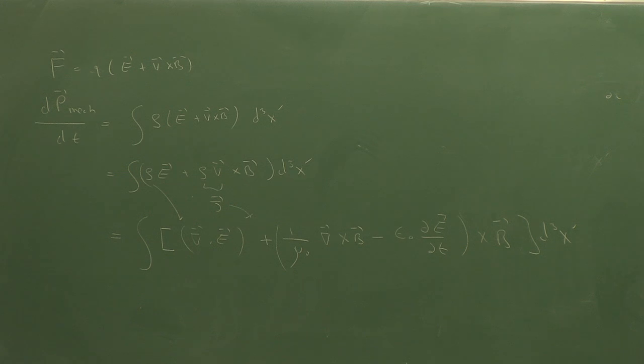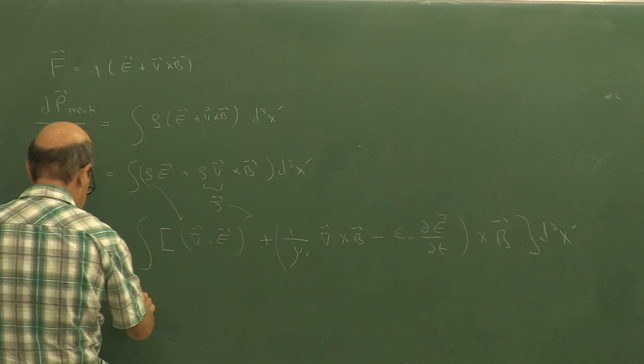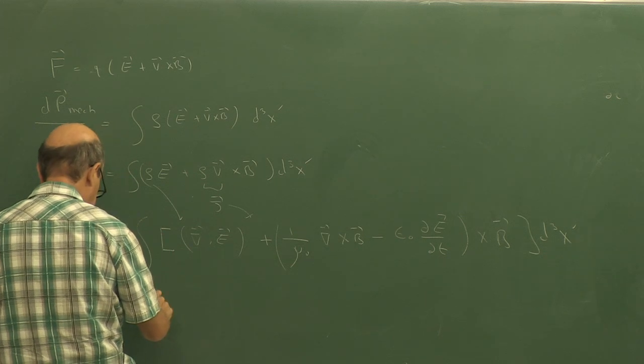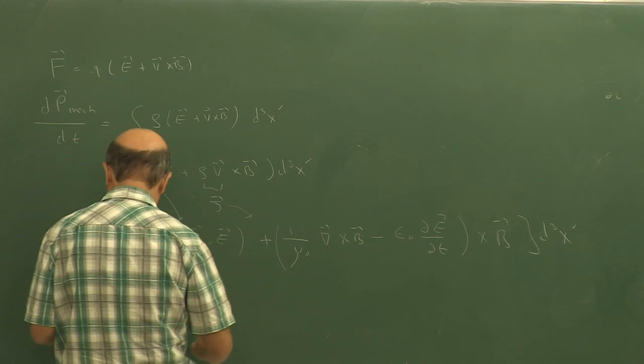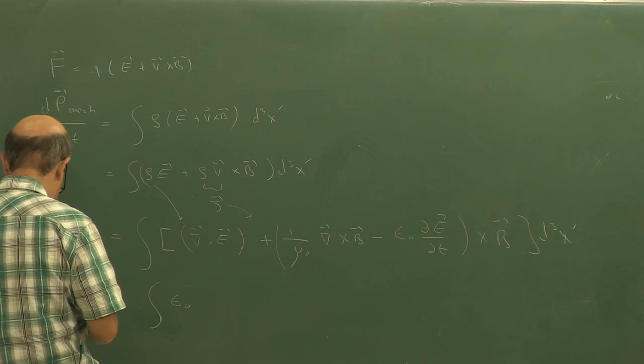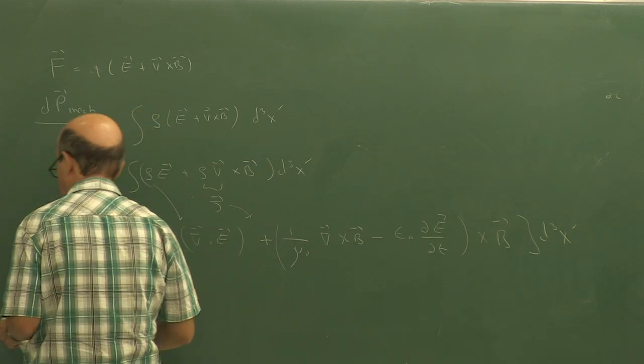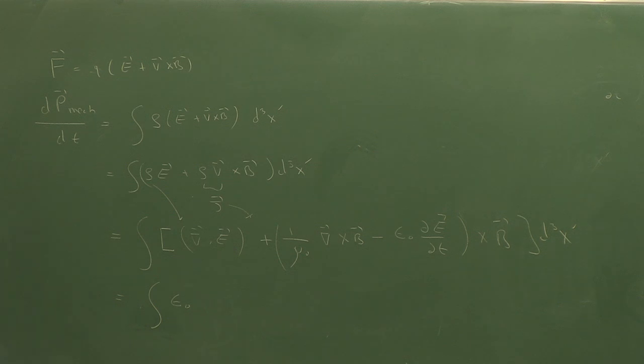So if I take everything in the epsilon 0 parentheses, what am I going to obtain? Epsilon 0. Rho was equal to, remember, del dot E is equal to the charge density, so that is equal to epsilon 0 E. If the medium is uniform, that is equal to that.